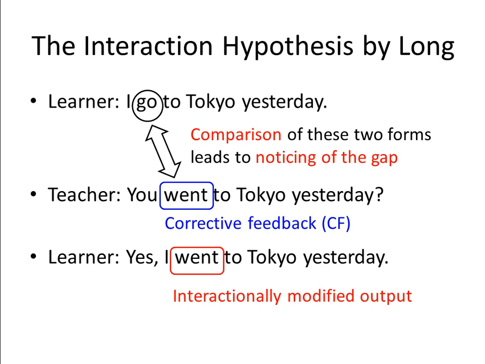So look at this part. The learner modified his or her original utterance and said went instead of go. Okay? So this is learner interactionally modified output. So the interaction hypothesis says the learner can acquire a second language like this.